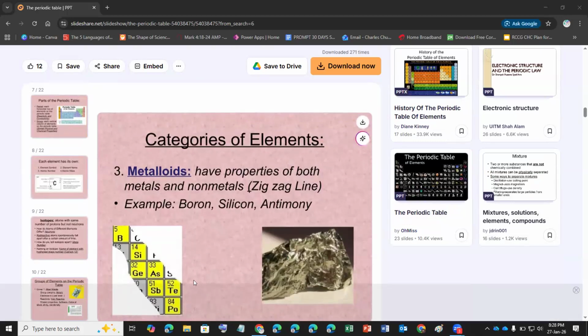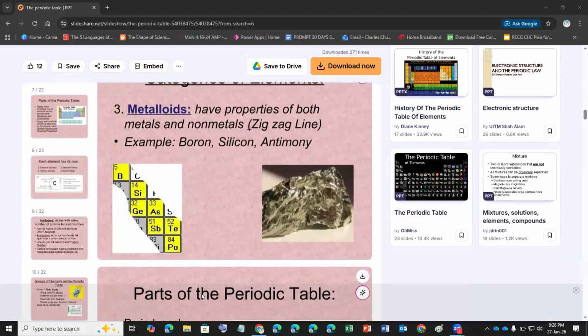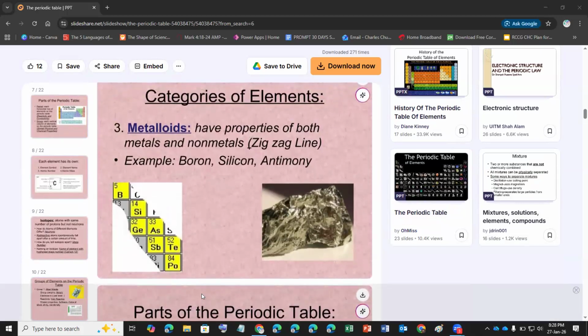All right. So these guys are quite different. Notice that these ones are called metalloids. Why? Because they have properties of both metals and non-metals. So you can see them: boron, silicon. Is that germanium?